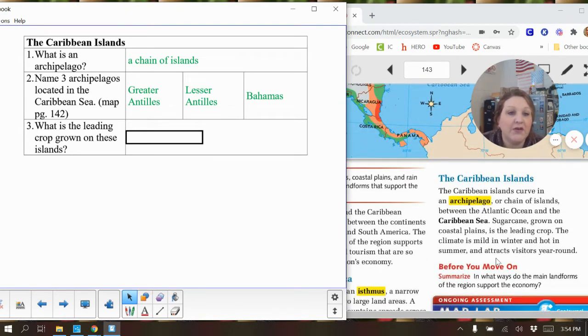And then in that paragraph also, it was given us the answer to this next question. What is the leading crop grown on these islands? And that is sugarcane.